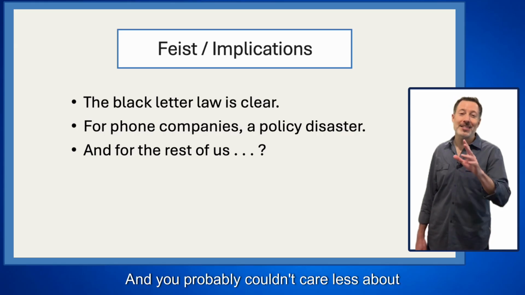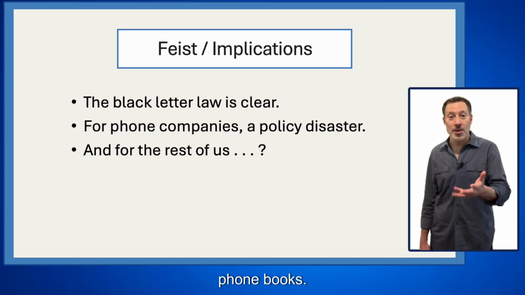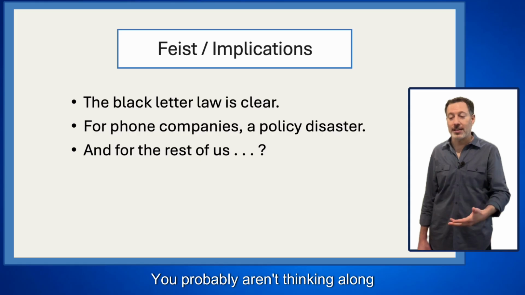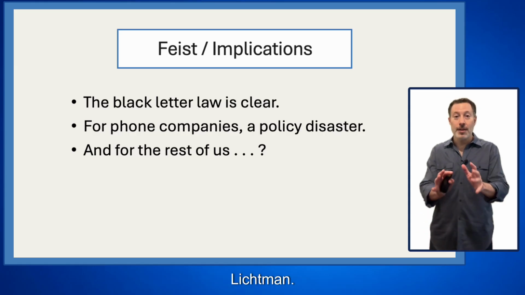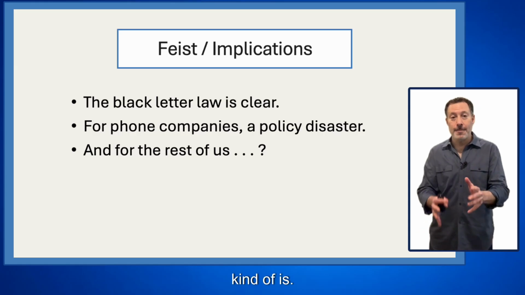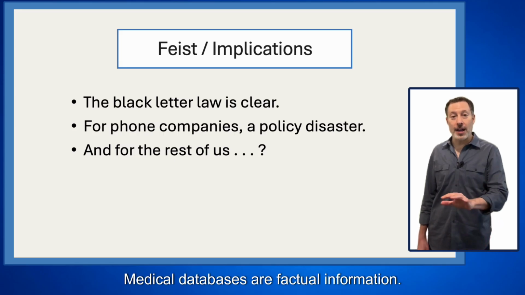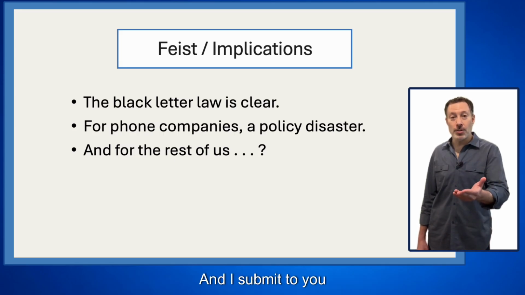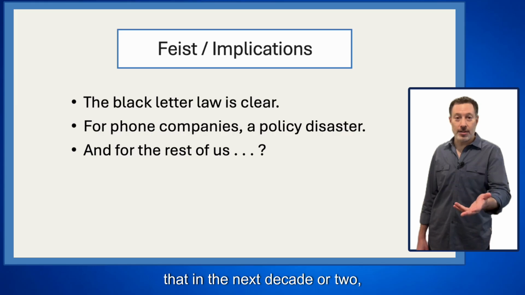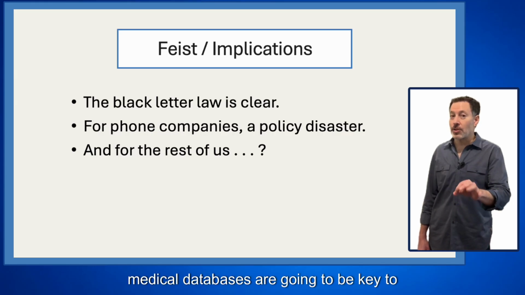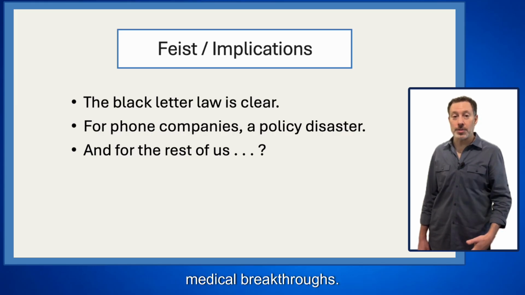And you probably couldn't care less about phone books. You probably aren't thinking along with me and go, oh no, that's awful, Lichtman. But here's why it kind of is. Think about medical databases. Medical databases are factual information, and I submit to you that in the next decade or two, medical databases are going to be key to medical breakthroughs.